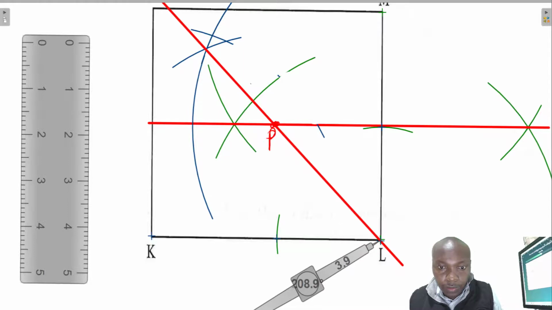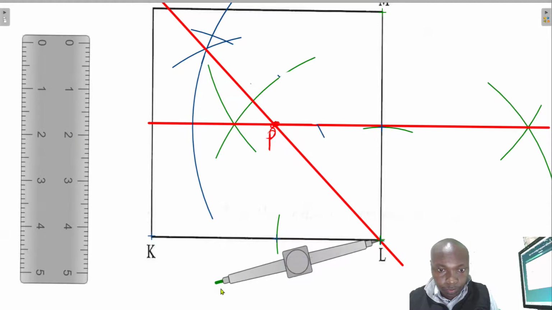And my space will be enough here. So I will need to redo it again. So standing there, open it more than the radius. I have to change the color here. Then mark an arc there.